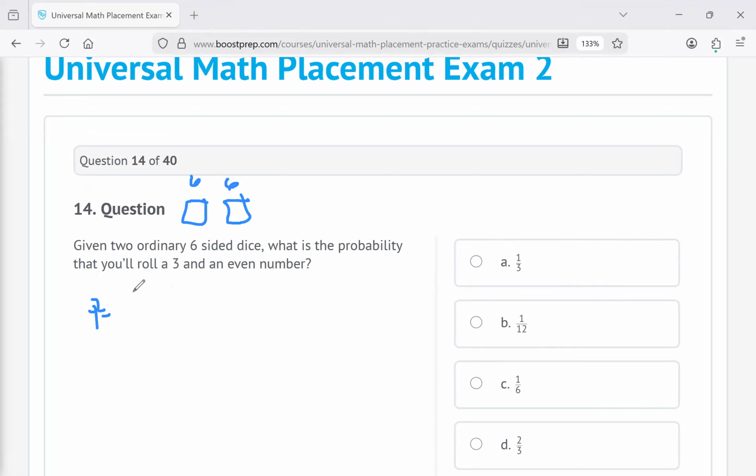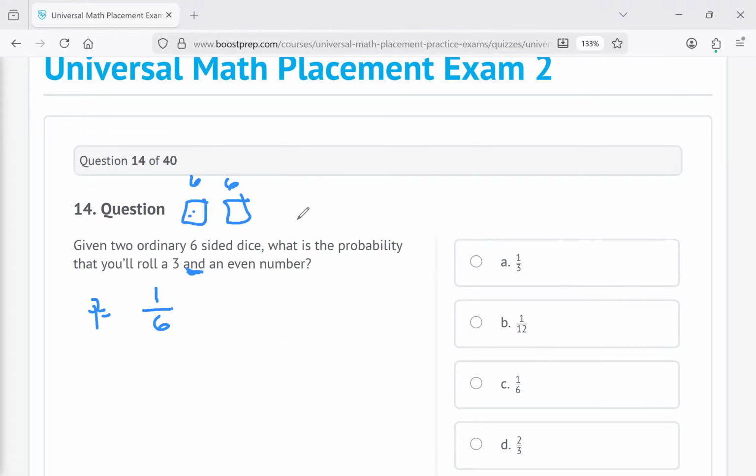When I hear the word and, that either means addition or multiplication. So let's first figure out the probability that you will have a three. There are six sides, and there's only one three, so that's one out of six.